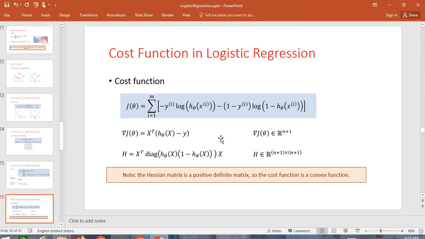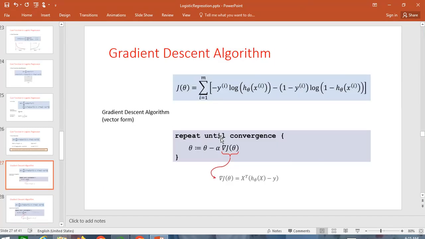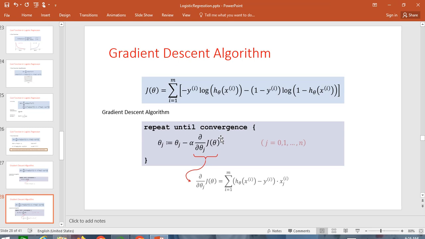The only difference is in h_theta(x), to which a sigmoid function has been added. I have written both the vectorized and non-vectorized methods for you. As we said, we use the vector method, which is more optimal.